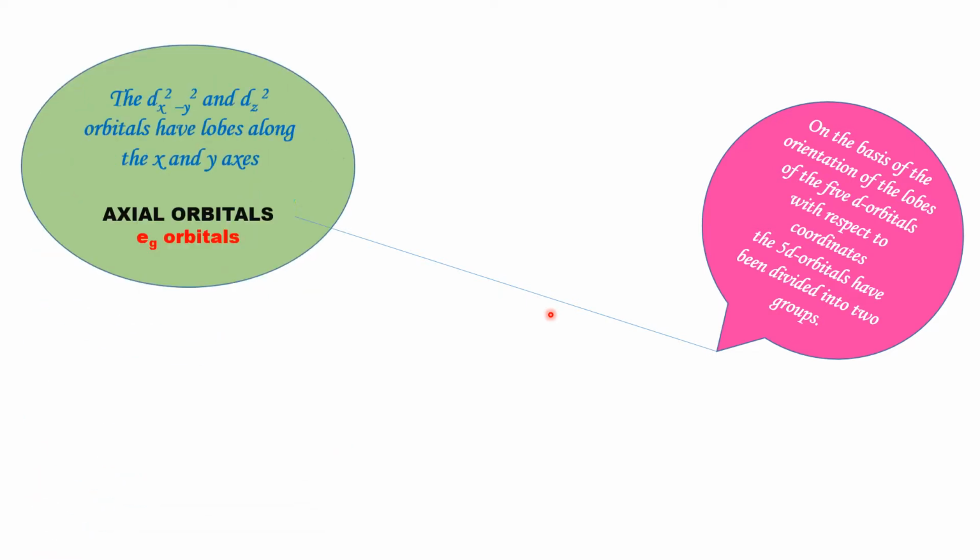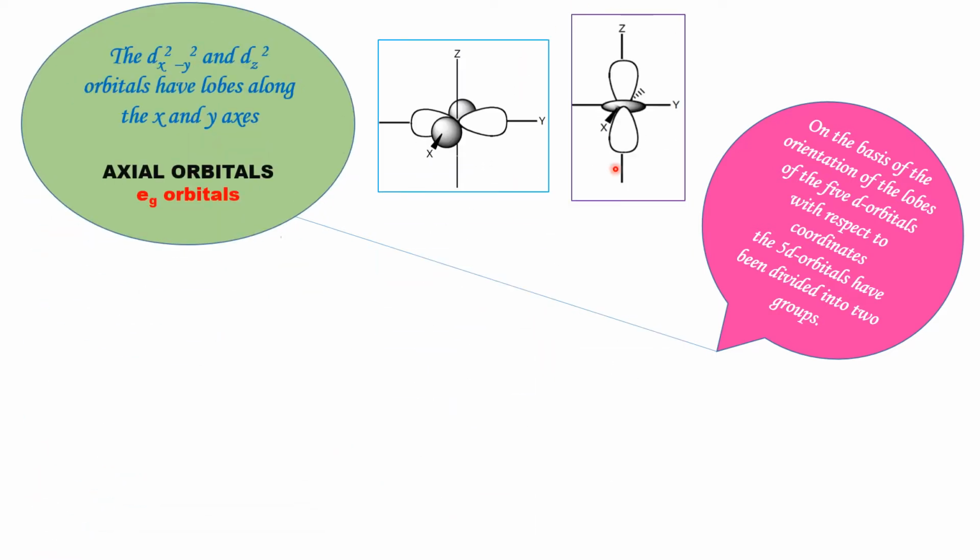The d orbitals are again divided into two groups, that is axial orbitals and non-axial orbitals. Axial orbitals are dx square y square and dz square orbitals. We know in these orbitals the lobes of the orbitals are along the axis, that is dx square y square is along the x and y axis and dz square along the z axis, and there is a donut along the xy plane.